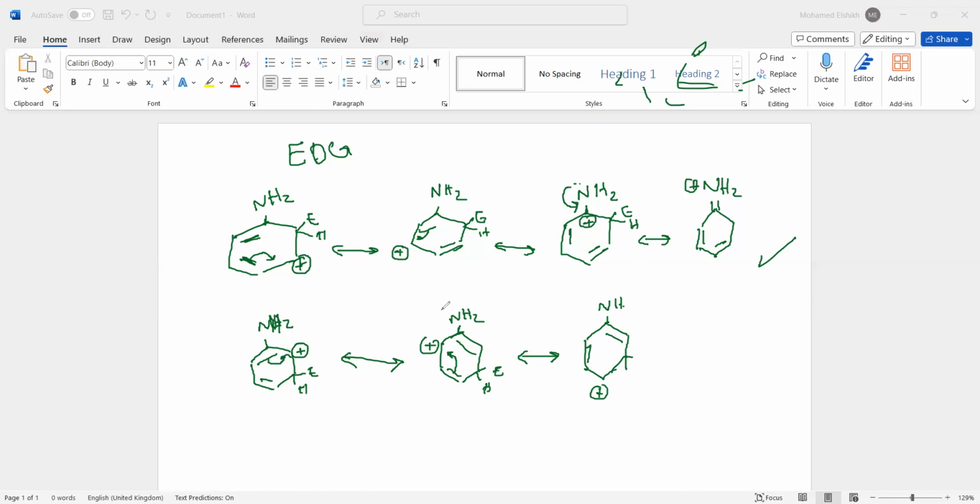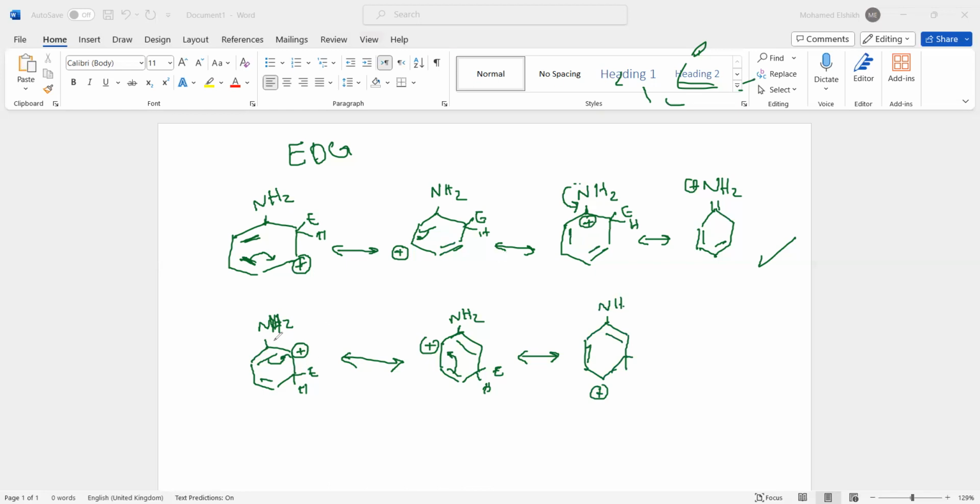As you can see here, when we had the electron donating group, one of these structures had a direct interaction with the electrons, which highly stabilizes this shape here.